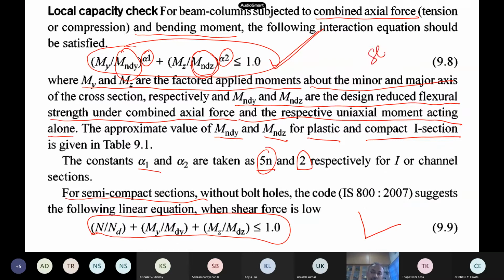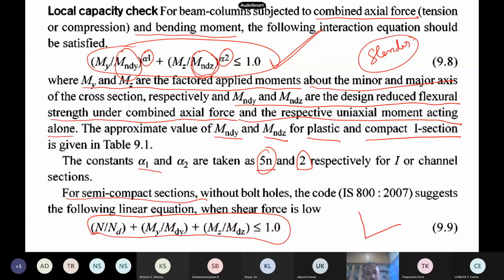Now, slender sections, can we use them? See, the code doesn't give anything for slender. So why don't we use slender sections? Can I use any slender section for my beam column? Slender sections can be used for columns.